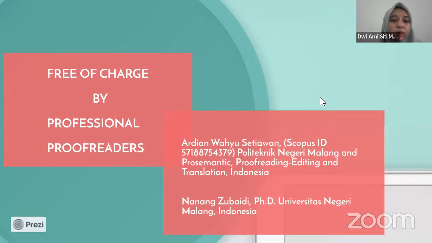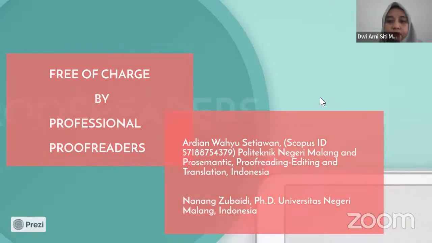They are also professional proofreaders. So it means that all of the process of proofreading is free, but we have very good proofreaders. So don't worry about your articles if you submit to our journal.